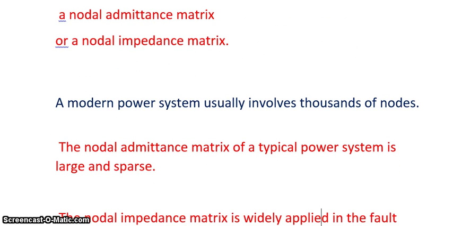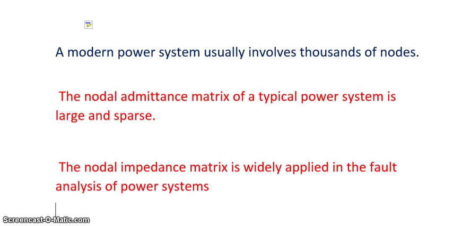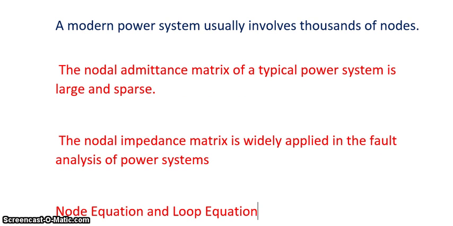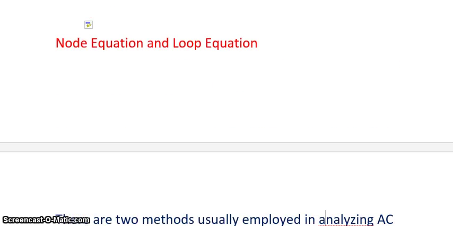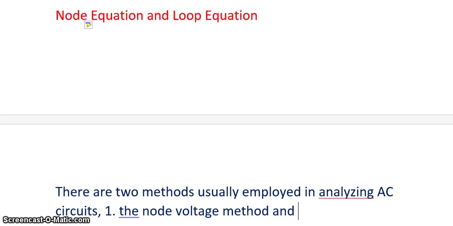A modern power system usually involves thousands of nodes. The nodal admittance matrix is one of the typical power system matrices. It is a large and sparse matrix. The nodal impedance matrix is widely applied in the fault analysis of power systems, node equation and loop equation.